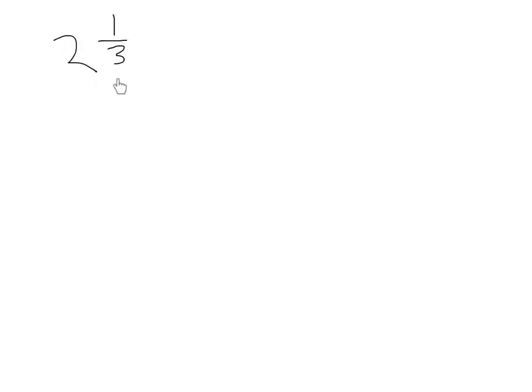So every piece in this fraction is divided up into 3. The numerator here tells me I have 1/3 of a piece. So I have just one little third left over somewhere. And the whole number tells me that I also have 2 whole shapes.